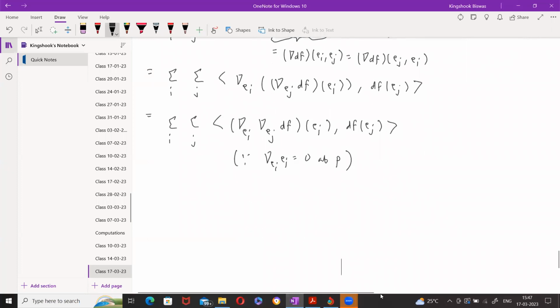Okay, so now I'm going to use the curvature of this tensor product connection. So this nabla e_i nabla e_j acting on df, what do I have?